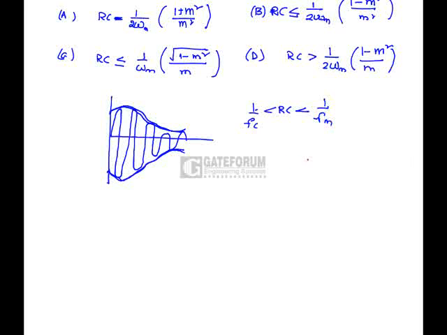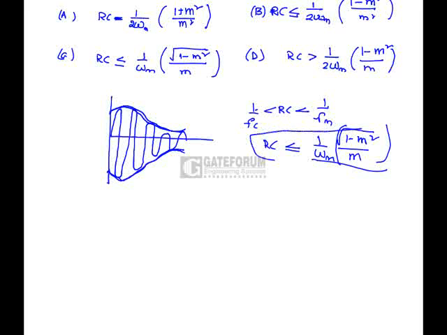But there should be an exact value, meaning the maximum value of RC should not exceed this. RC should be less than 1 by omega m times square root of 1 minus m square divided by m, which is the limit on the time constant in case of an envelope detector, in order to avoid diagonal clipping. That is, option C is correct.